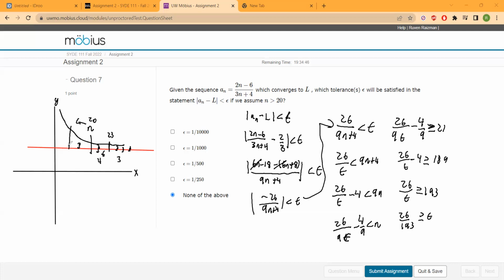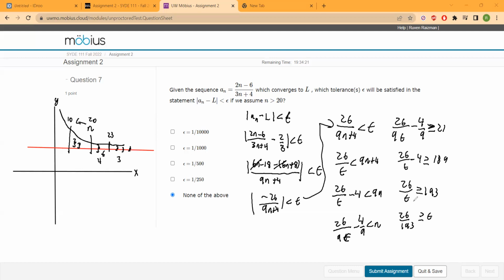But if n, for instance, was 10, then that tolerance of 4 would still be satisfied, because the distance would still be greater than 4. And so that's why it would be satisfied. If you don't get it, text somebody in the chat, and maybe somebody can explain it better than me, because here I am clearly struggling to explain this, and I'm sorry, but hopefully you kind of understand.